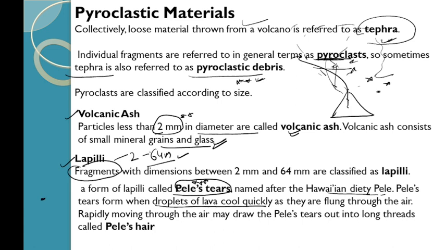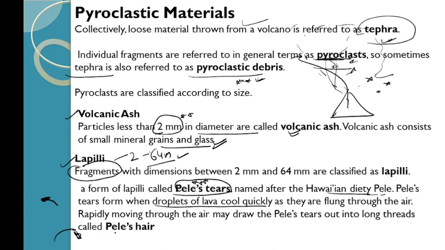When lava is flowing and suddenly solidified in a tear-like shape, we can call it Pele's tear. Droplets of lava cool quickly, so they are flung in the air. Rapidly moving through the air may draw the Pele's tear out into a long thread-like form.